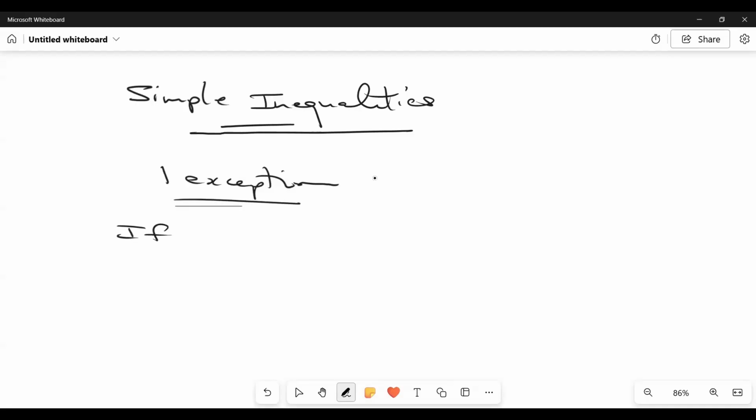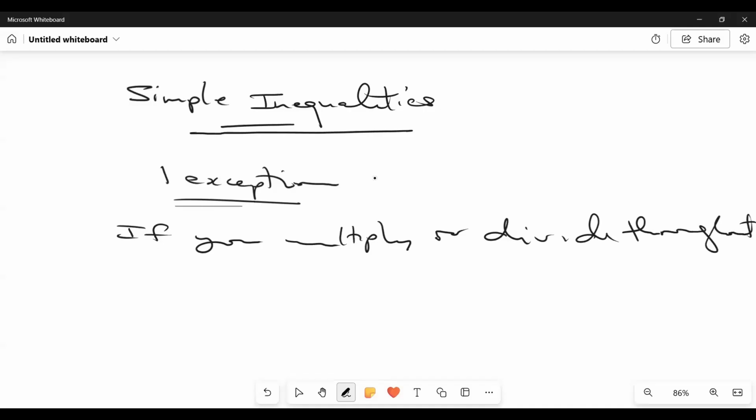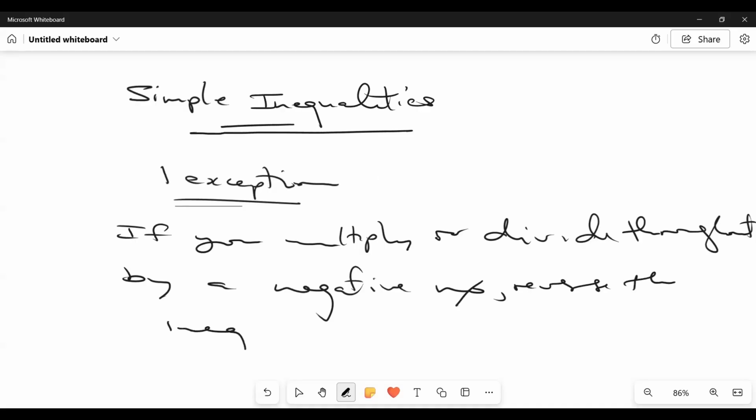If you multiply or divide throughout by a negative number, reverse the inequality sign, right?